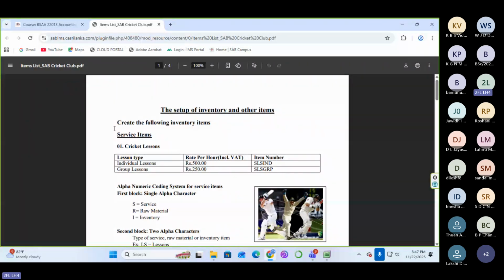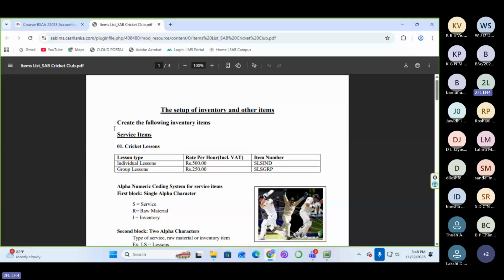This item number has a meaning. You have to learn how to create an item number. Here we are giving these item numbers as a case pattern. But if you are given any item without this item number, you should be able to create an item number that has a meaning.